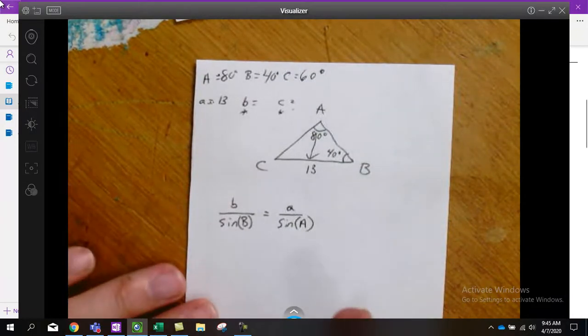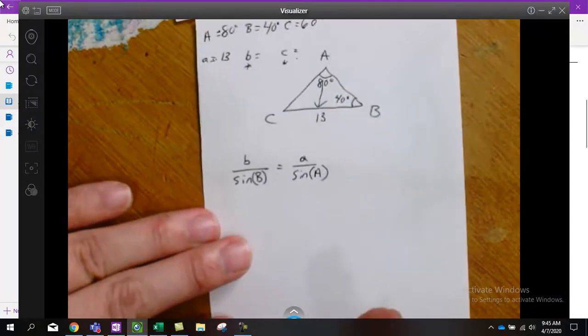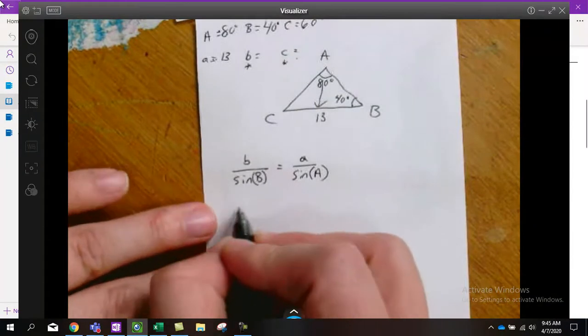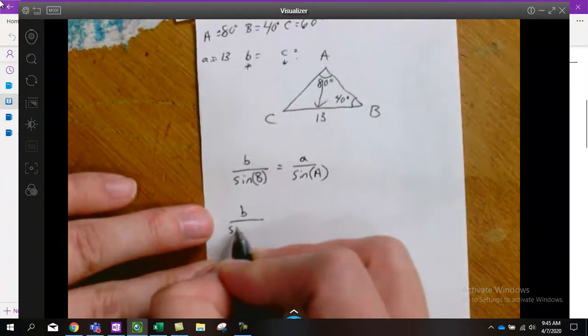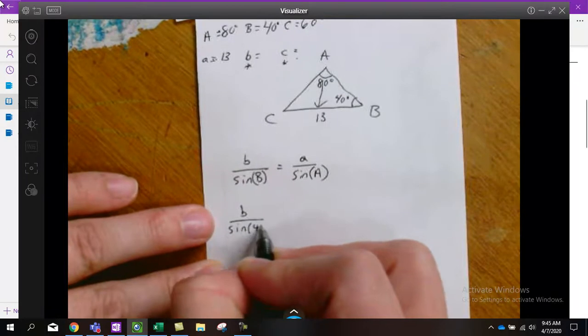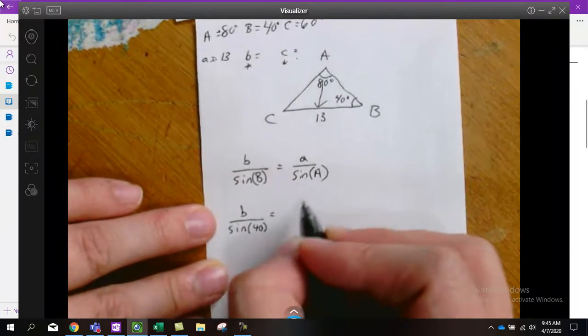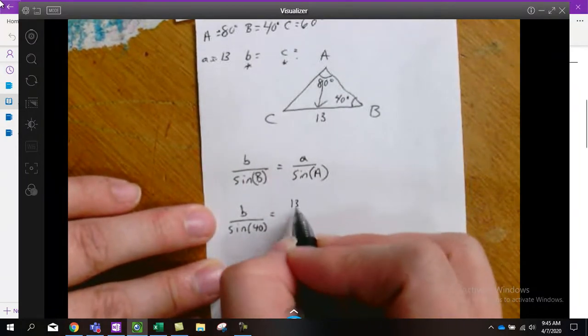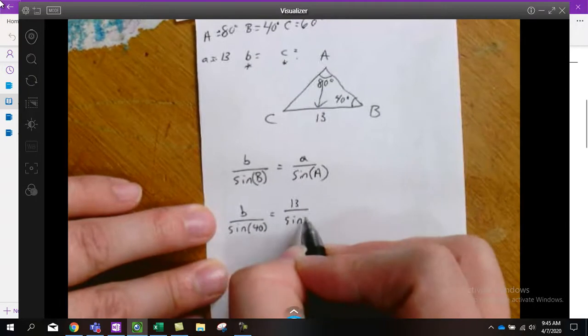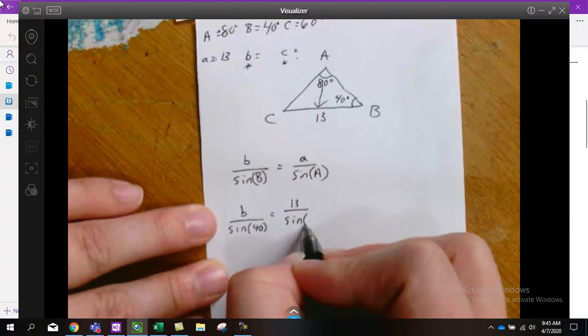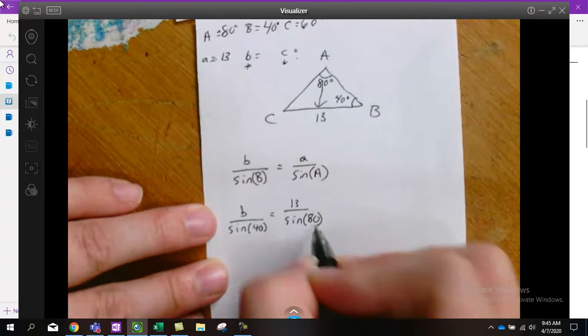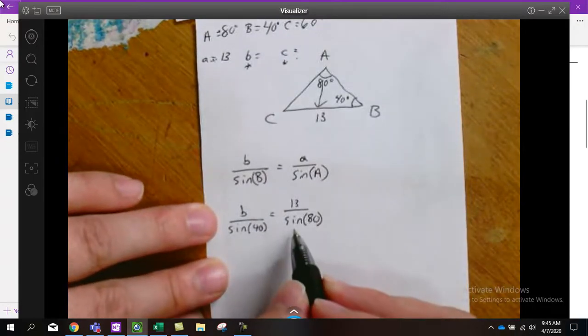Both a's or both b's or both c's. A lot of times it won't work if I don't. So b over the sine of 40 equals little a, which is 13, over the sine of 80.